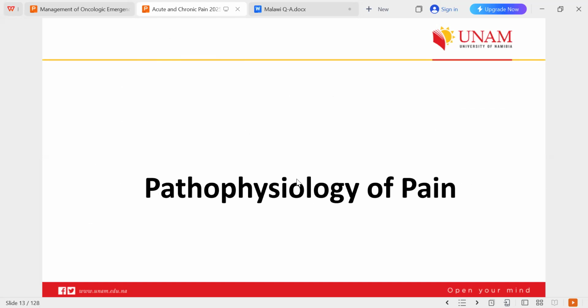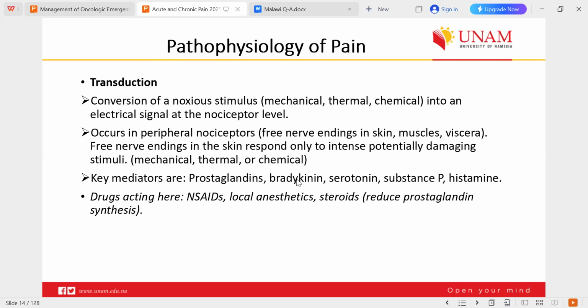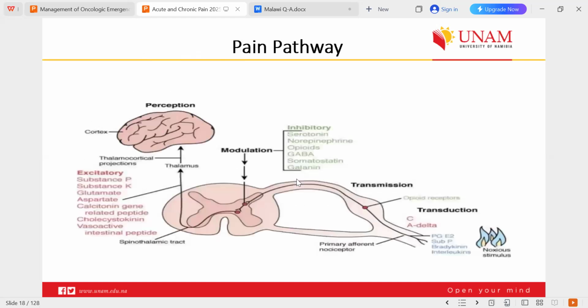So let's look at the pathophysiology of pain. There are 4 different pathways to describe the pathophysiology of pain. Let me see if I can have the diagram. Yes, let's look at it from here. We have transduction, transmission, modulation, and perception.